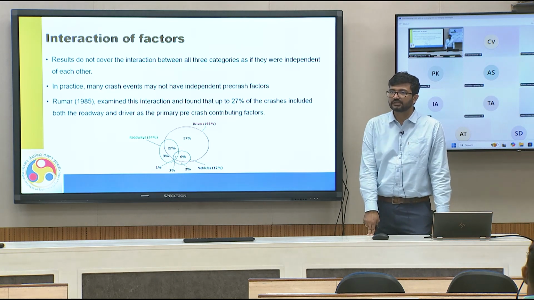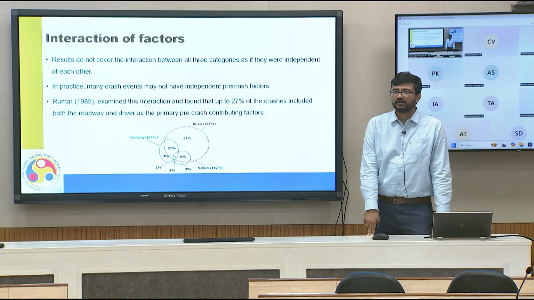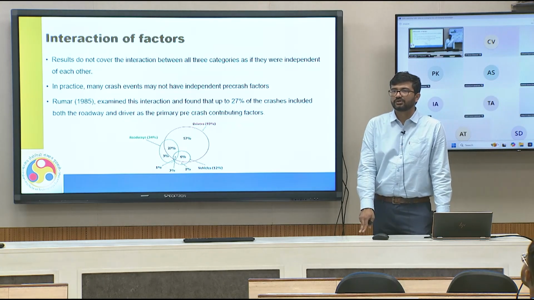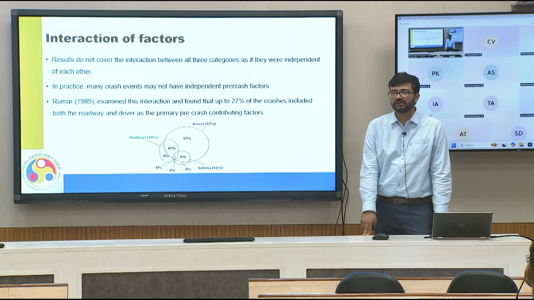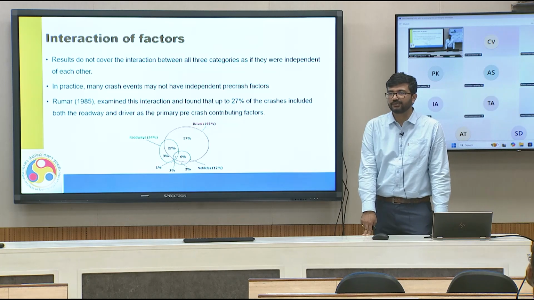New generation vehicles have a lot of sensors: radar sensors, lidar sensors, cameras, all are there. If we can use that information, we can have a better idea about the driving behavior.